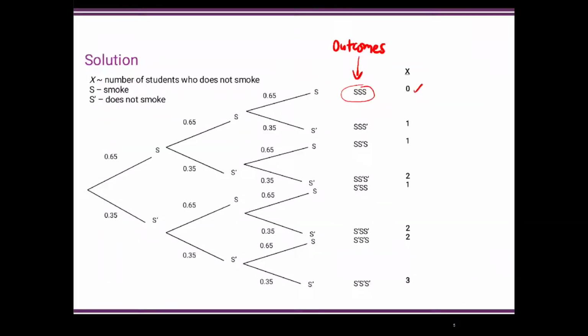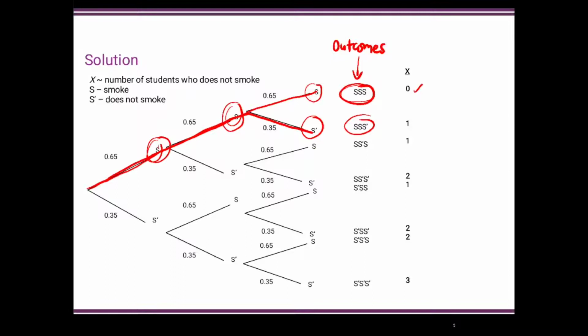Just to make sure that all of you understand how to list the outcomes. For the first one, you simply follow the branch, so you get S, S, S. For the second one, it will be this way, so you have S, S, S prime.